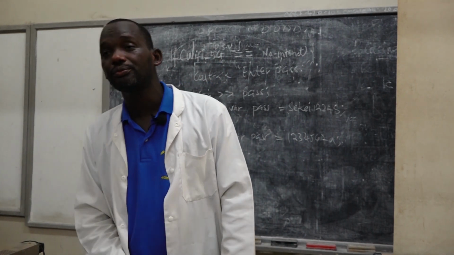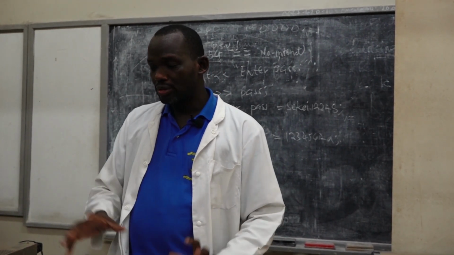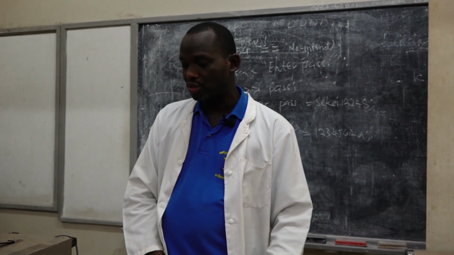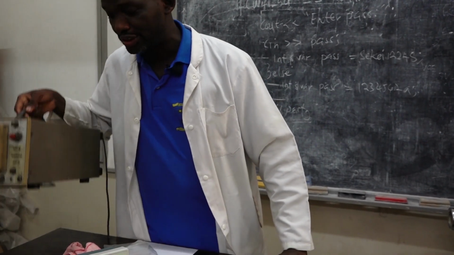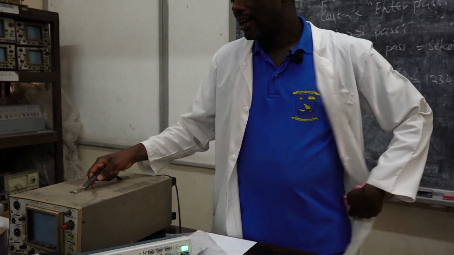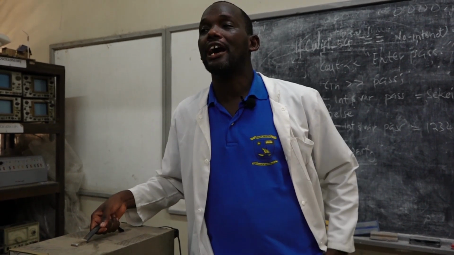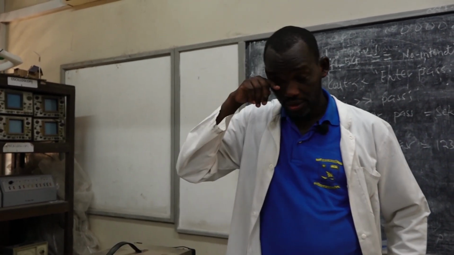Say oscilloscope. So we have two main types of oscilloscope. We have the analog oscilloscope like this one. It's heavy. They call it a workbench. But it does not mean that all analog oscilloscopes are huge like this one or heavy like this one. No. This is the heavy duty.